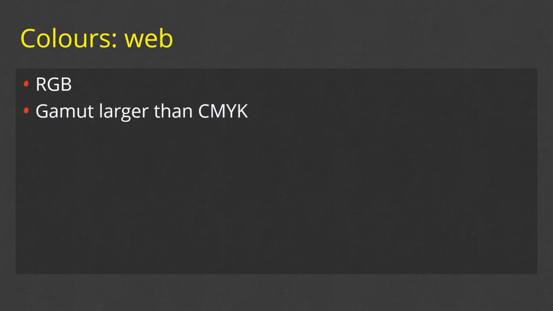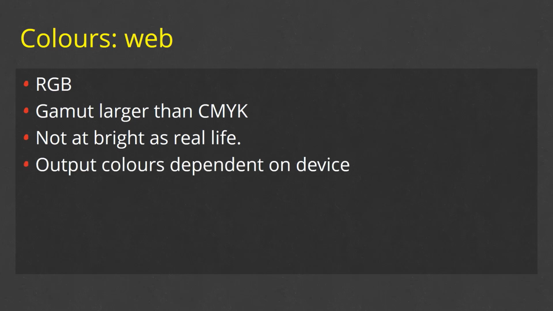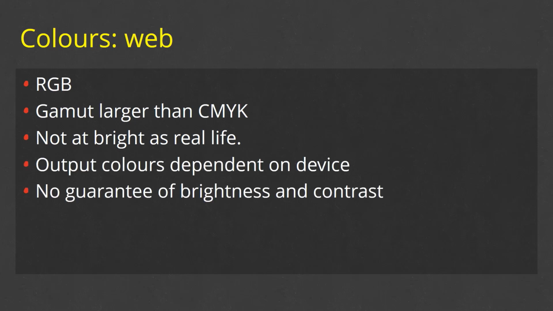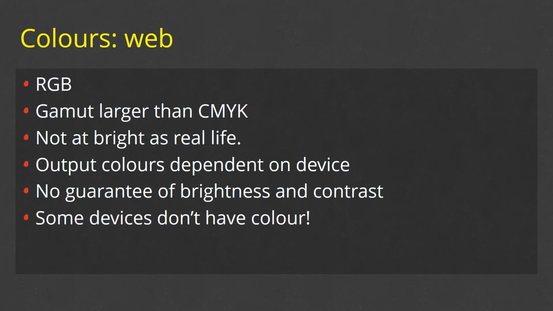The gamut is larger than CMYK, but still not as bright as real life. The output colours are largely dependent on the device, and there is no guarantee of the brightness and the contrast of your particular end user's device. And some devices don't even have colour, so you have to consider, well, how is this design going to look if someone is viewing it in grayscale?